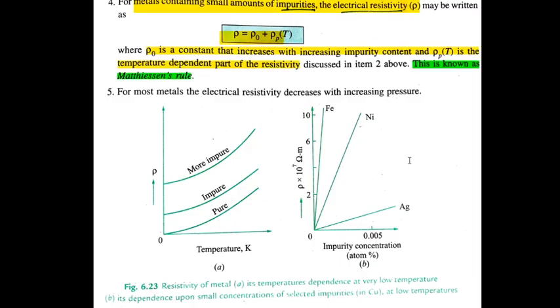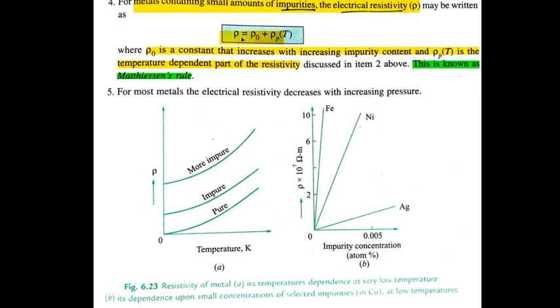So what we have observed over here, in the case of a metallic crystal, is that the resistivity has two segments. One is independent of temperature, another is dependent on temperature.